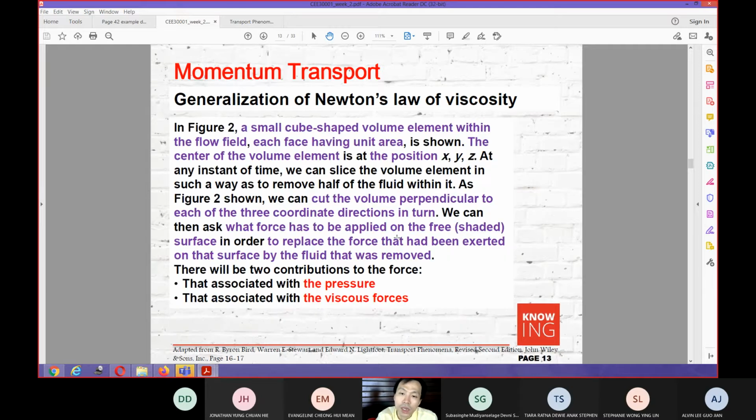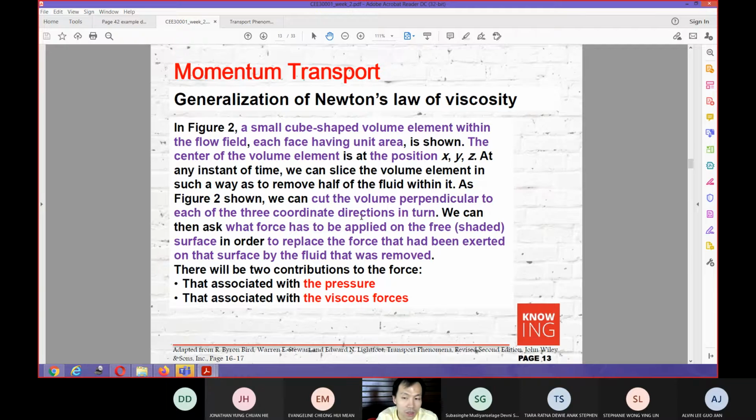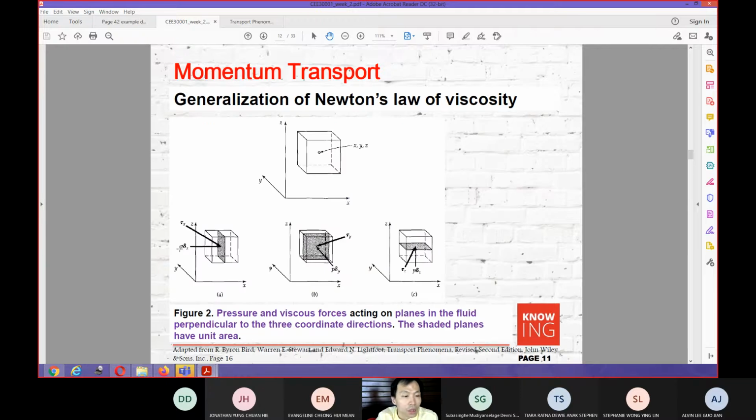This particular force is associated with the pressure forces, and this one is associated with the viscous forces or the shear stress. The pressure is always perpendicular to the area where it applies, always normal to that particular area, but the viscous force is not. It can come at a little bit of an angle, and it makes an angle with the pressure.